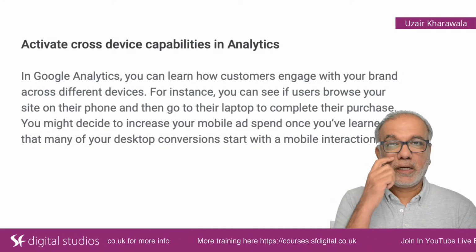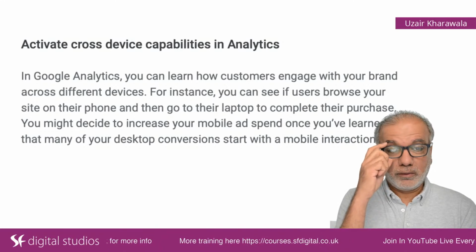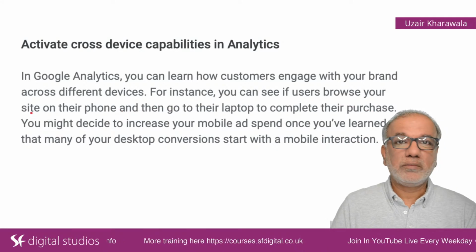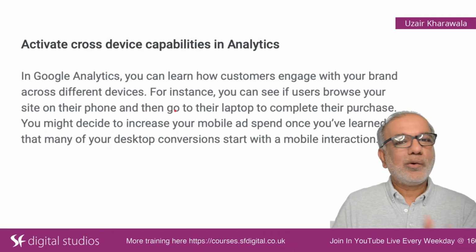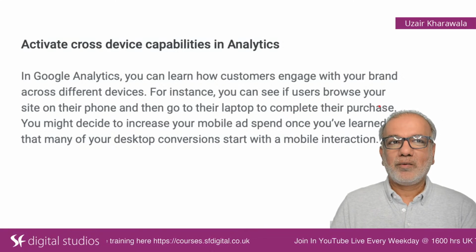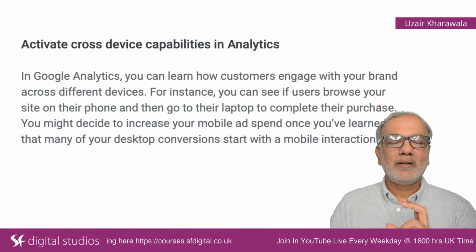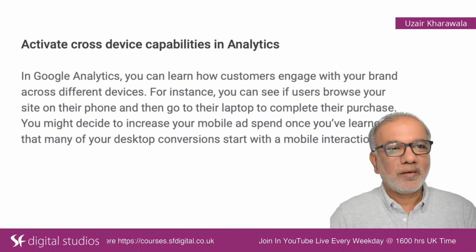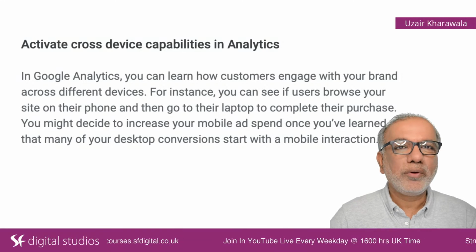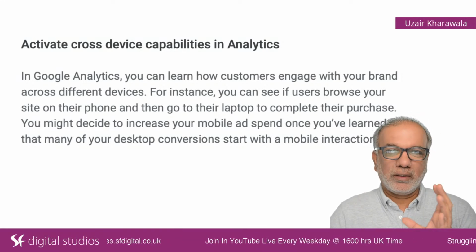What is the behavior like on a mobile compared to a tablet or a computer? So you can see if users browse your site on their phone and then go onto the laptop or computer to complete that purchase. Now this comes back to the attribution model as to who you are going to attribute that conversion.